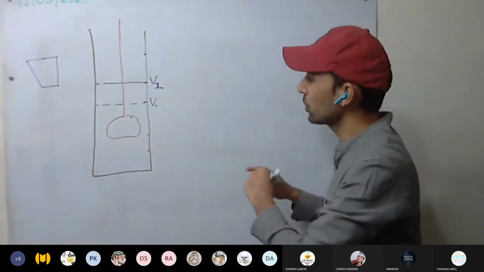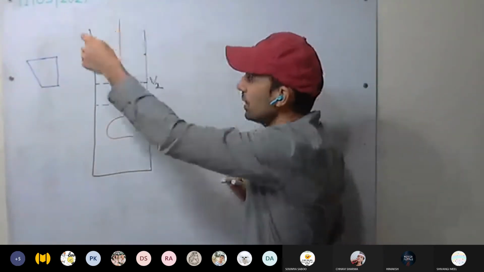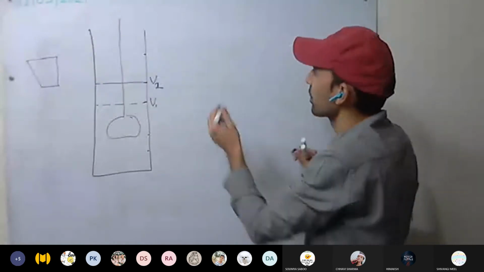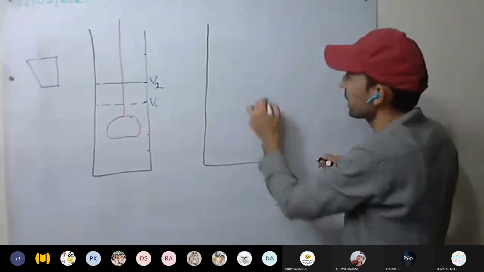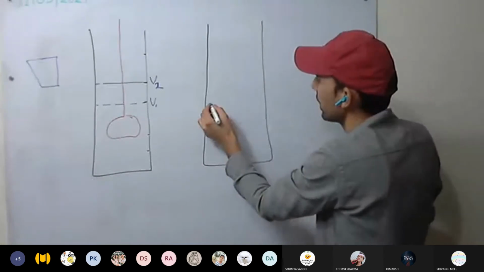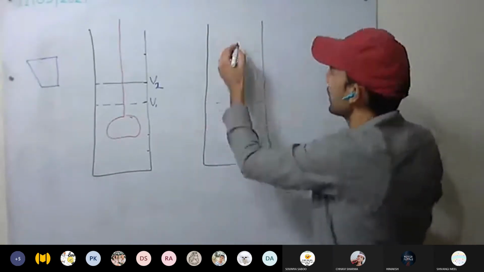Now what we are going to do, we'll take out the stone and tie the cork on the string as well, and again dip it together.